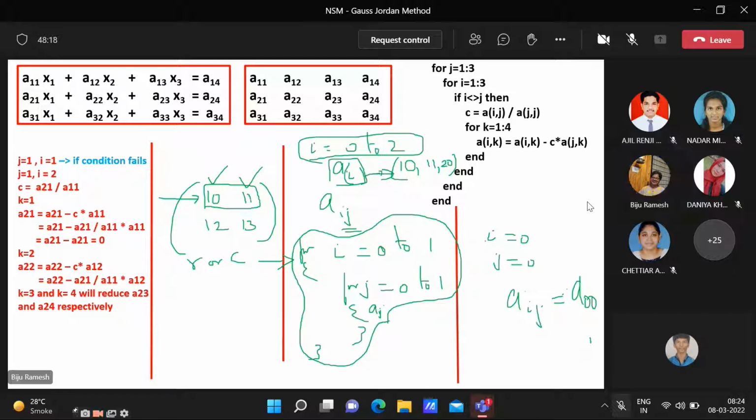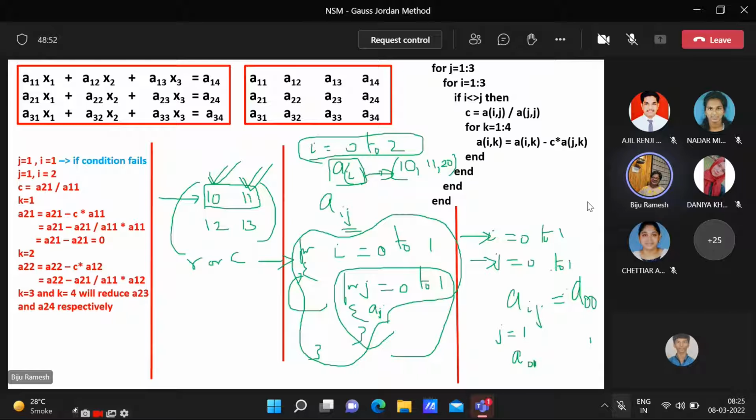Since this is the outer loop and this is the inner loop, j will go from 0 to 1. Next, j will be incremented by 1, and i will be 0 only. i will not be incremented. The inner loop will finish its round first and then the outer loop will be executed. So j will become 1. Now what will be read? i is not changing, so A01 will be read. So this is done.